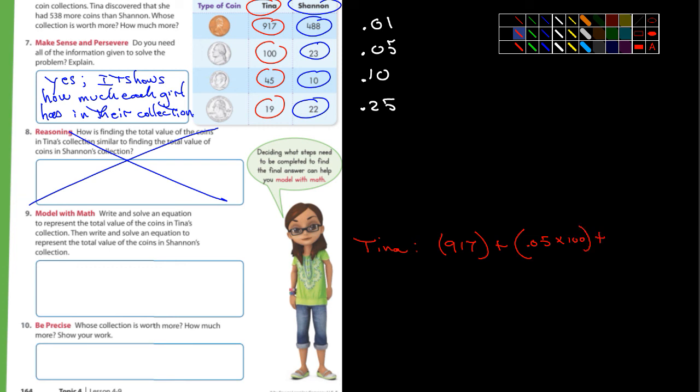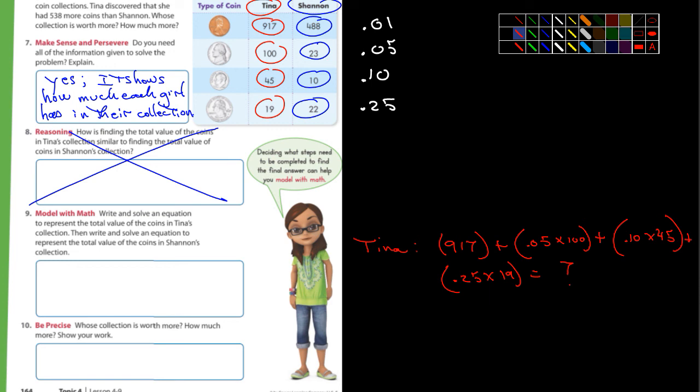Okay, because that's the value of how many of the 100 nickels that she has, plus 0.10 times 45, because she has 45 dimes, and then plus 0.25 times 19 equals, and I'll just put a question mark there.